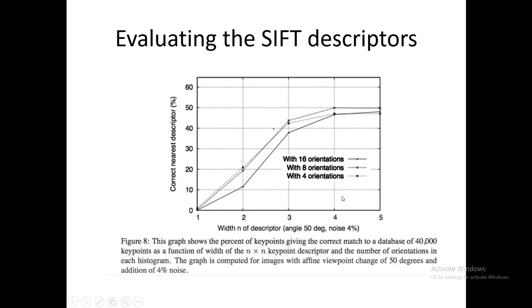The other thing shown here is how many orientations, or bins, were used in the histogram: 4, 8, or 16. We can see 8 gives better results than 4, however 16 doesn't give better results than 8.